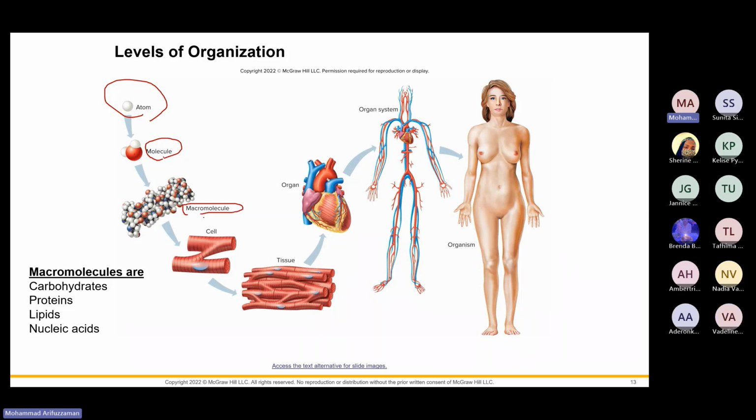So the human body consists of different types of macromolecules like carbohydrates, proteins, lipids, and nucleic acids. These are macromolecules. Macro means, what is macro? Macro means large. So many macromolecules are organized to form the cell.